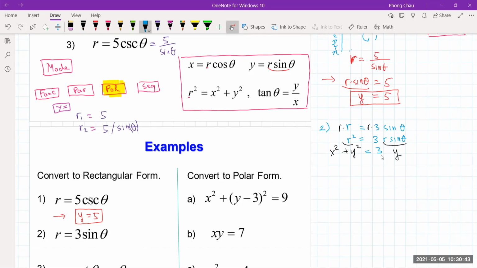Now, basically I'm done, but since this is a second degree equation, that means it is a conic. Our goal in converting to rectangular form is to be able to identify the graph of these equations. If you leave it that way, you cannot tell what the graph is. So in order to rewrite it, we're going to need to complete the square by bringing the 3y to the left hand side.